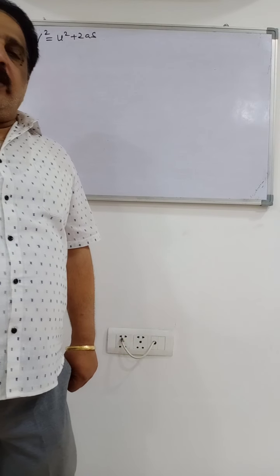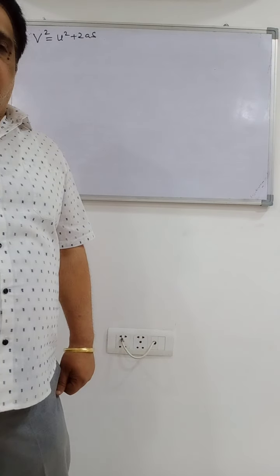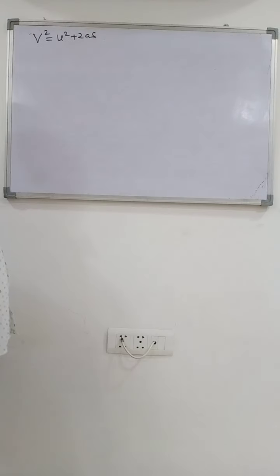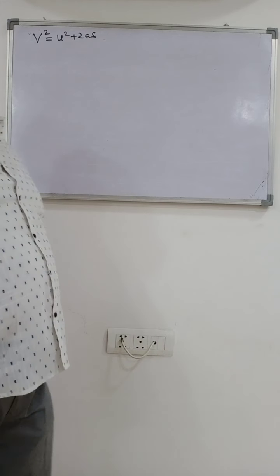U here is the initial velocity. A is the acceleration and S is the distance in meters. So V square is equal to U square plus 2AS. This is the third equation of motion.